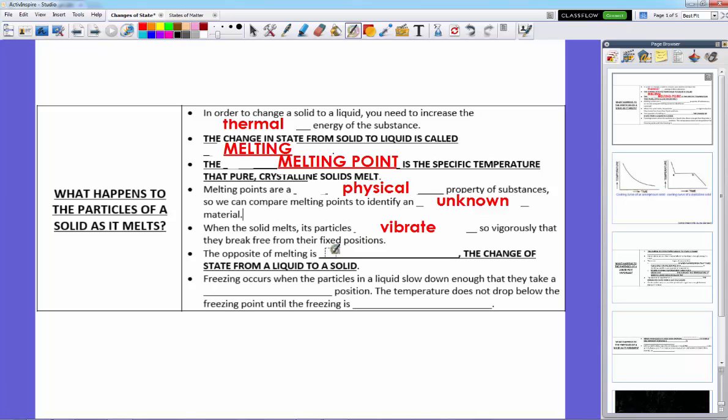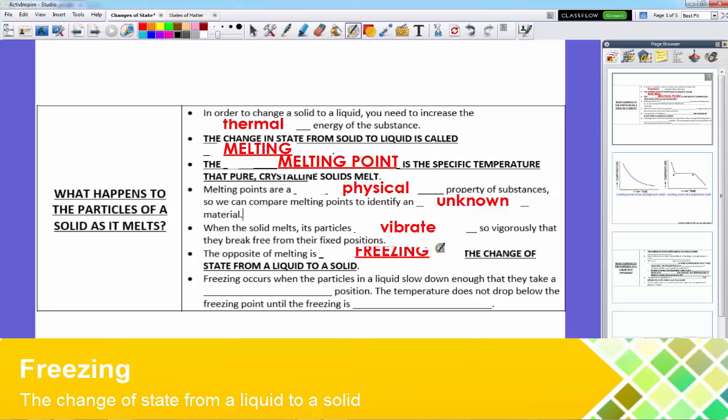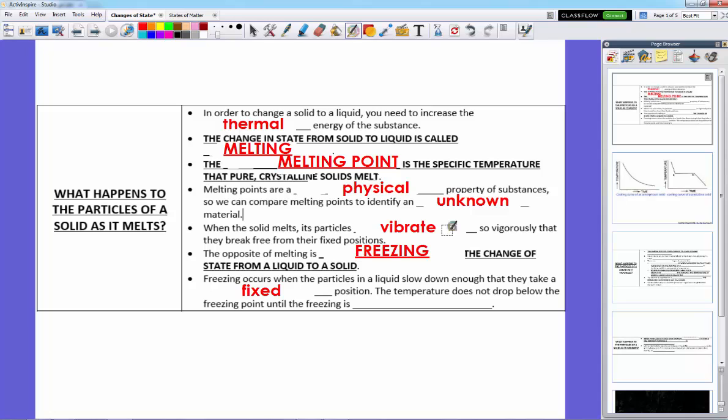And of course, the opposite of melting is freezing, or the change in state from a liquid to a solid. Freezing occurs when the particles in a liquid slow down enough that they take on a fixed position. In other words, it's the opposite of this. They start vibrating slower, moving into the fixed positions, and they stay there. Especially for a crystalline solid, temperature does not drop below the freezing point until the freezing is complete.